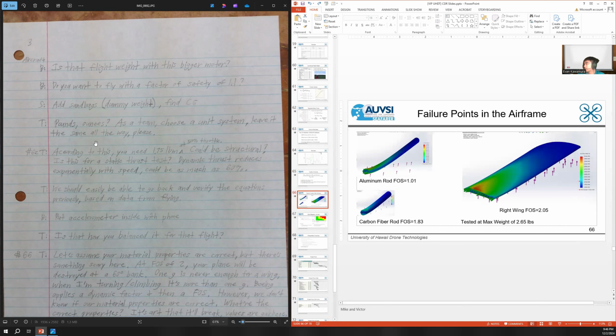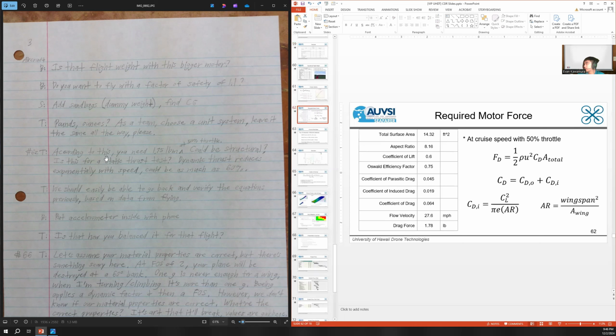Okay, then let's see what else. On 62, according to this, you need 1.75 pound mass at 50% throttle. Is this for a static thrust test? Dynamic thrust reduces exponentially with speed, by as much as 60%. So we said cruise speed is at 50% throttle, and here are all the different variables and components in our equations.